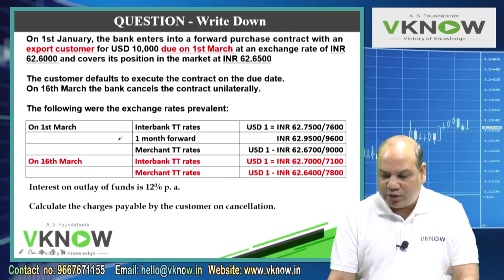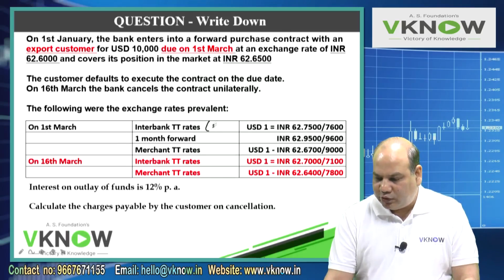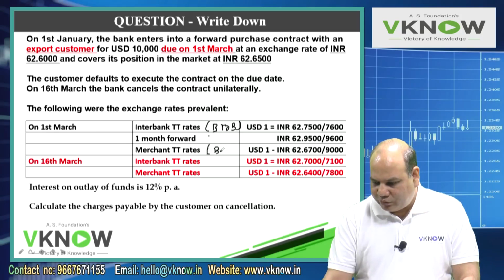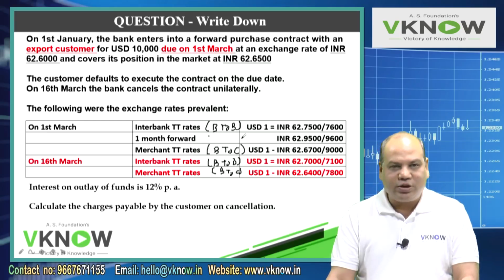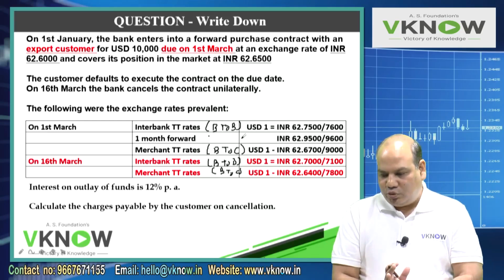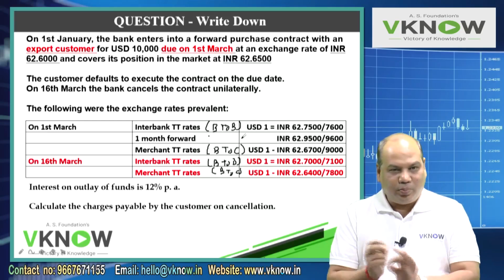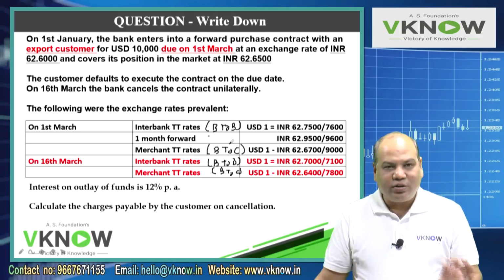Interbank rate you will take when it is B2B, bank to bank, and merchant rate you will take when it is B2C, bank to customer. Don't write B2B, B2C in the exam, they will not understand. This is for you. You will write bank to bank, bank to customer, merchant rate, bank to customer.